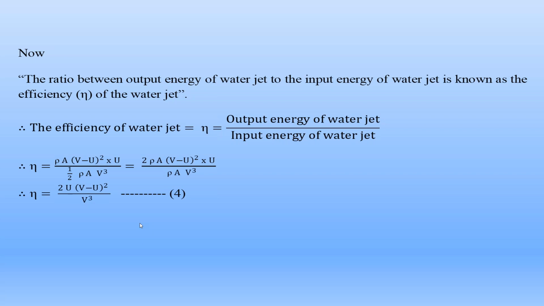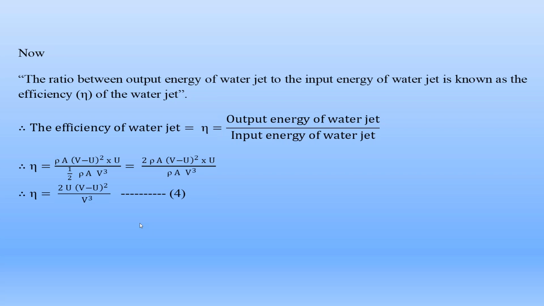If capital V, the absolute velocity of the water jet, is constant, then from equation 4 it is clear that the efficiency of the water jet eta depends on the absolute velocity of the moving plate u.